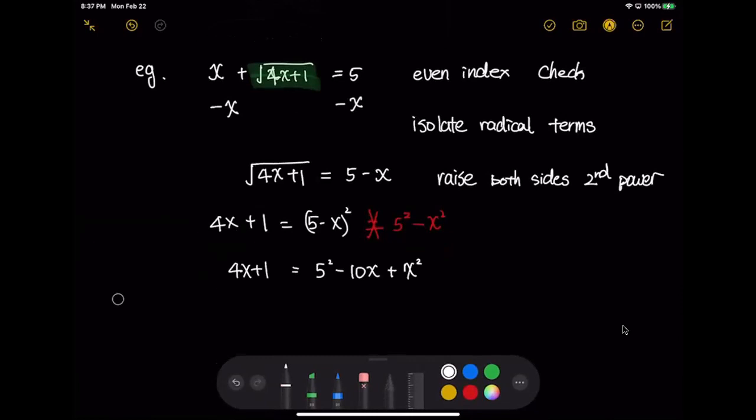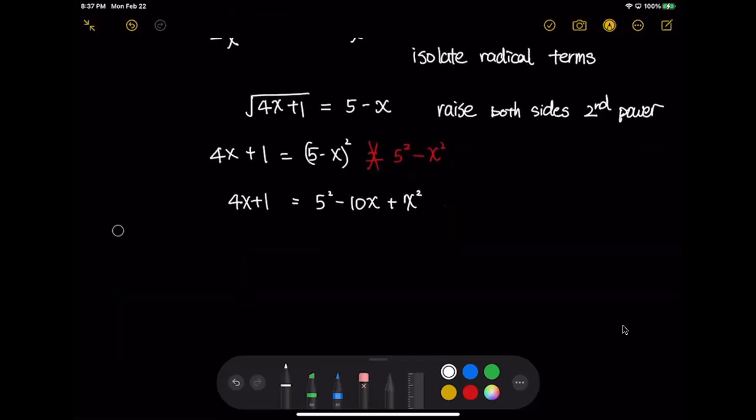If you forgot, please review those perfect square trinomials. Okay, and then we just solve for x. So how to solve it? We want to set the equation equal to 0, right? And then we try to either factor it or use the quadratic formula.